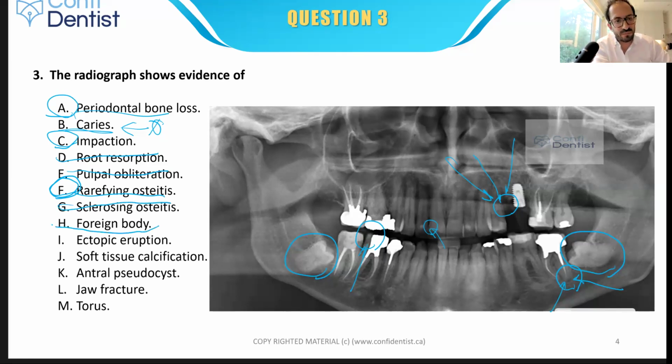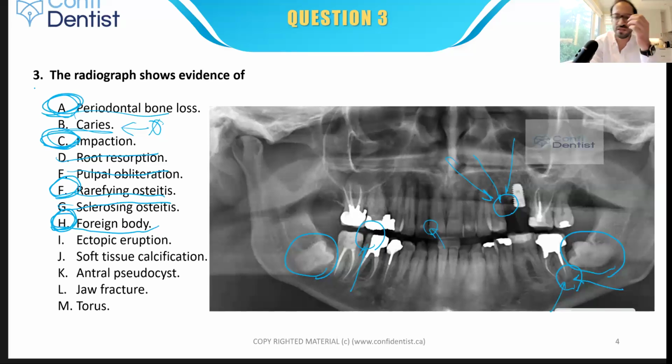But I have a foreign body. Which one is my foreign body? Implant is not a foreign body. Nope. Post is not a foreign body. Otherwise, you would have to select foreign body for all the questions because they all have restorations.